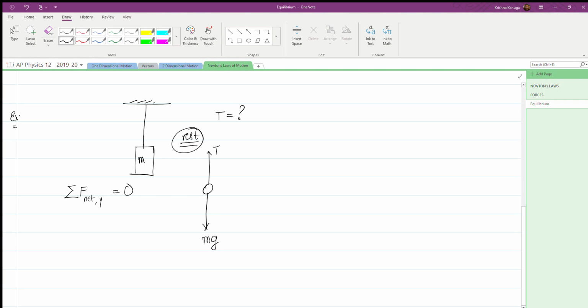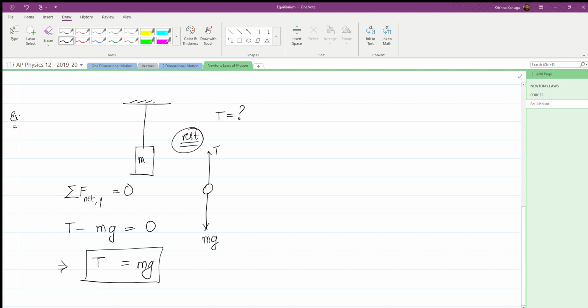This simply means the summation of all the forces along the y direction is equal to 0. In this case, we have tension pointing up, mg pointing down. They are opposite each other, and so we have T minus mg equal to 0, and therefore T is equal to mg.